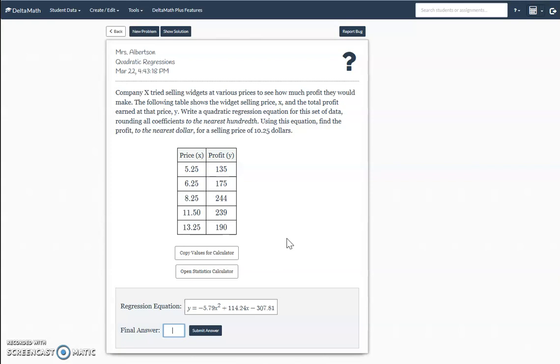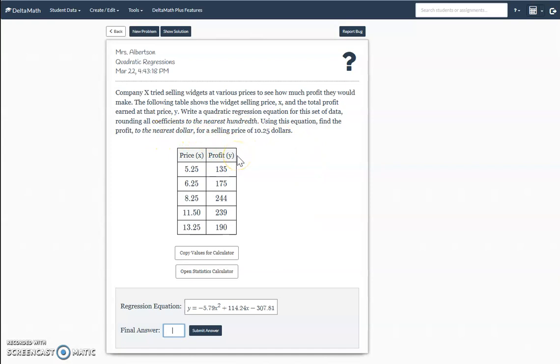So I'm going to say parentheses 10.25 squared, close the parentheses, plus 114.24, and then I need to fill in times 10.25 again, and then minus 307.81. I hit enter, and I got 254.838.